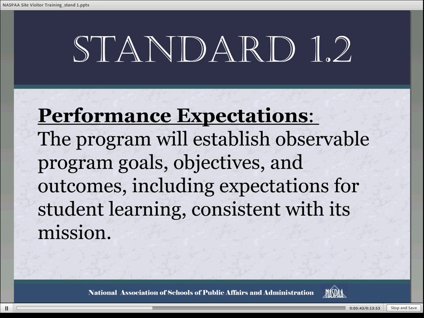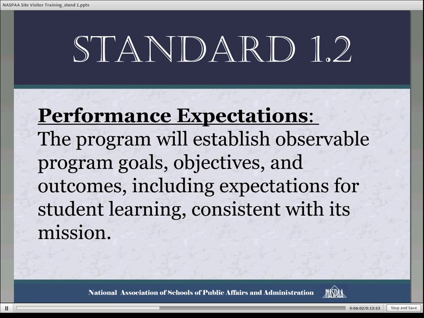Certainly a big part of those outcomes are what their expectations are for what students are learning, what their students will be able to do. And those things should be consistent with the program's mission and with their public service values.